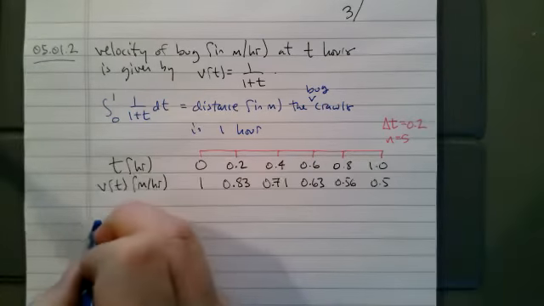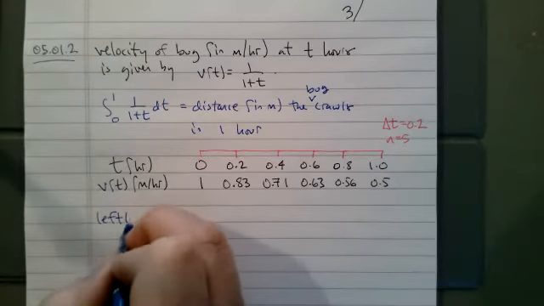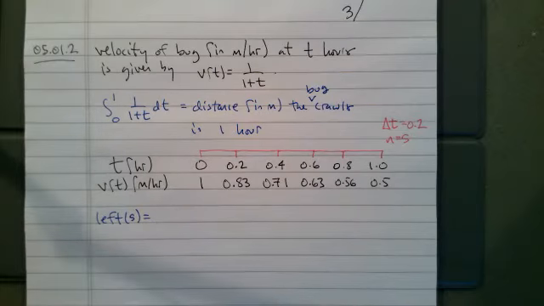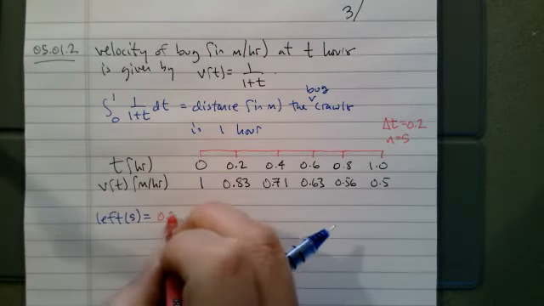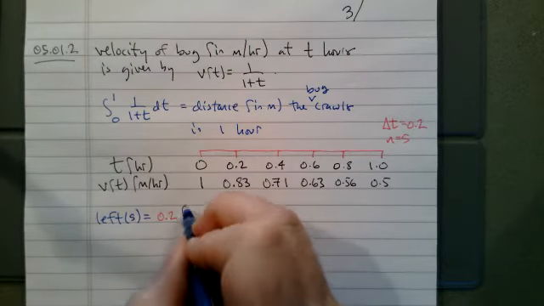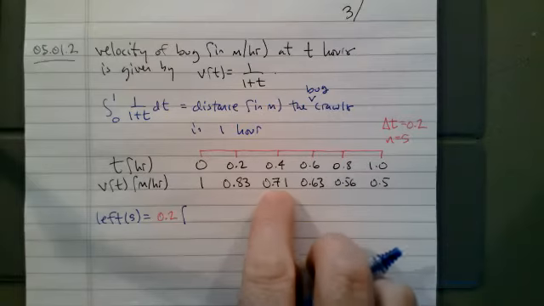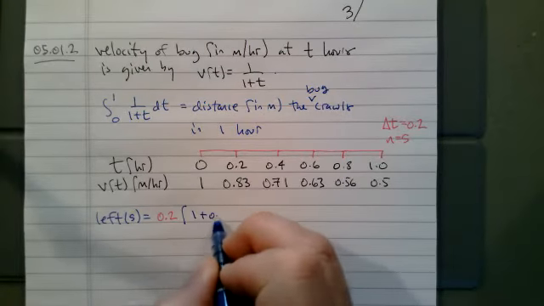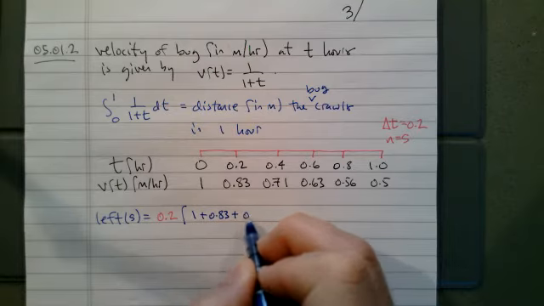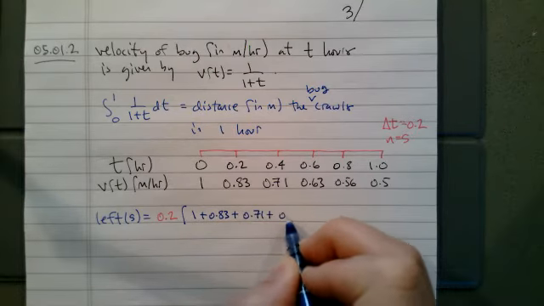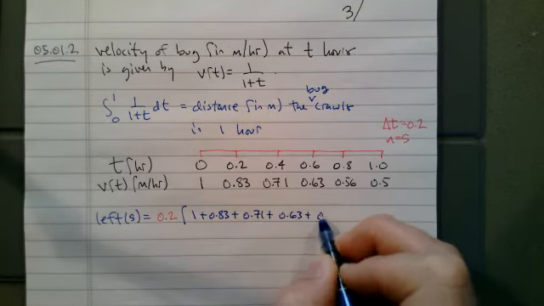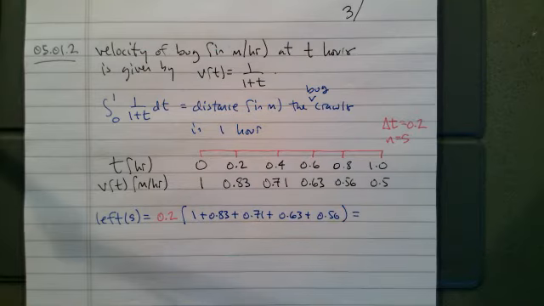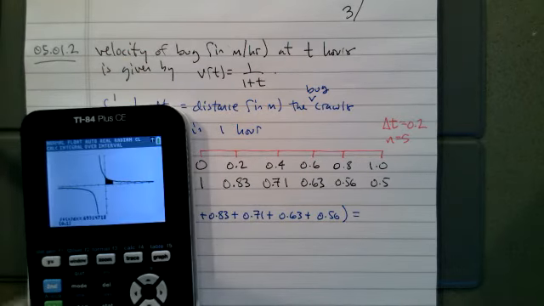We're going to do a left 5 approximation. Our delta t is 0.2. And our left endpoints are 1, 0.83, 0.71, 0.63, and 0.56. So this is a left approximation.